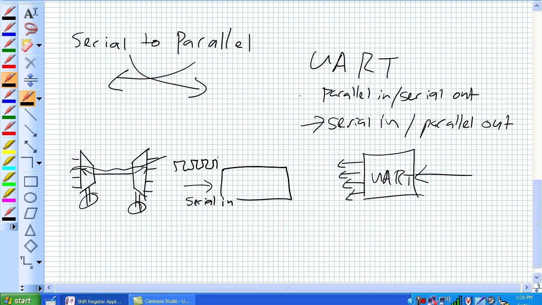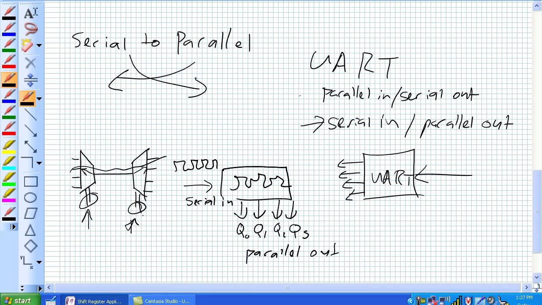And he knows that in the example of our four systems there, Q0, Q1, Q2, Q3, he's letting whatever the letters are stock up there, the bits for Q0, Q1, Q2, Q3, and then delivering them simultaneously. Parallel out.